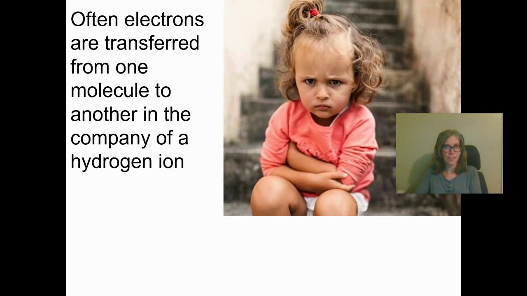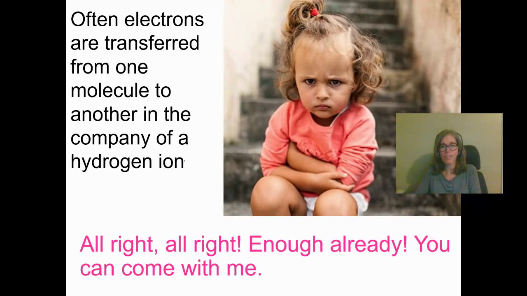So here's the story. We care about the electrons, but the electrons come with hydrogens a lot. So electrons are often transferred from one molecule to the other in the company of a hydrogen ion. So it's sort of like a little sister, and it's like, okay, you can come too. So here's what I mean.